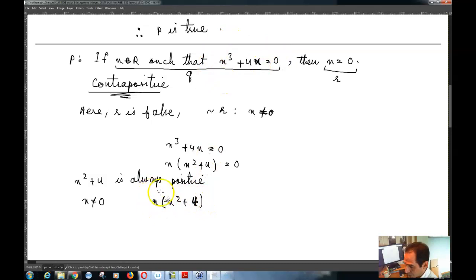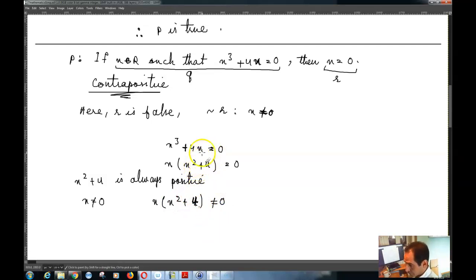So here I have x not equal to 0, some non-zero real number, and a positive real number. Here we said that x squared plus 4 is a positive real number. So the product of a non-zero real number and a positive real number is always not equal to 0.